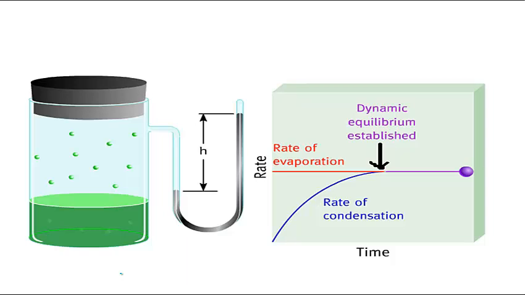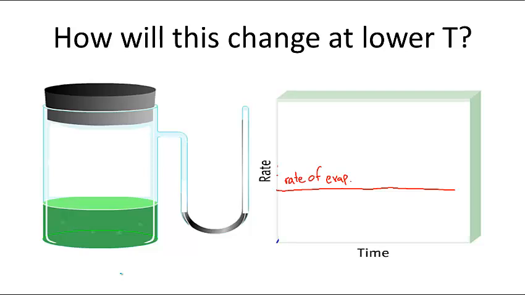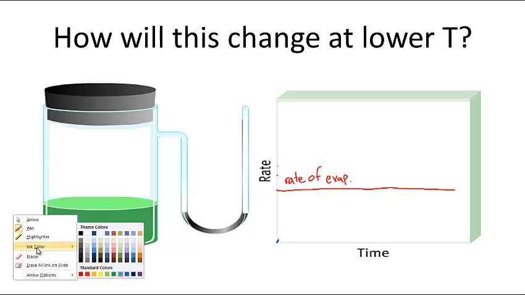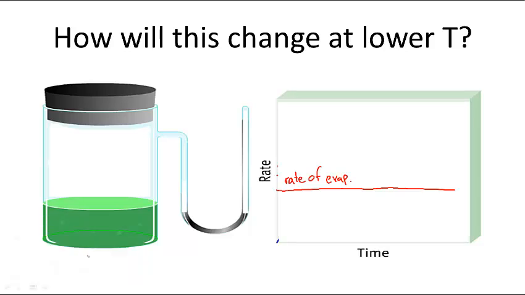How about the left side of the room? Well, all right, the height will be smaller because there's going to be less vapor. So maybe it would only go up to here.